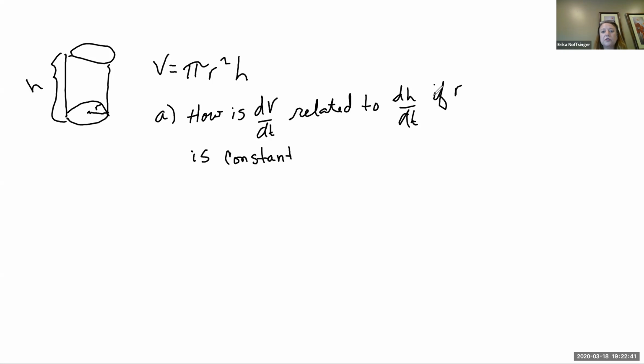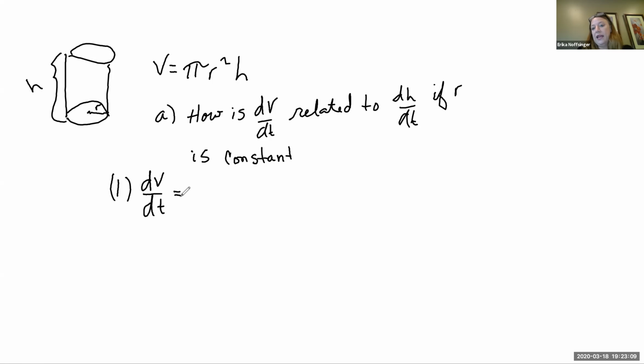And so again, take the derivative of both sides. So derivative of V is 1, right? But we need to use the implicit differentiation chain rule in this case. So this is dV dt. And this is equal to, well, r squared is just a number that's not changing because r is not with respect to time, it's the height.